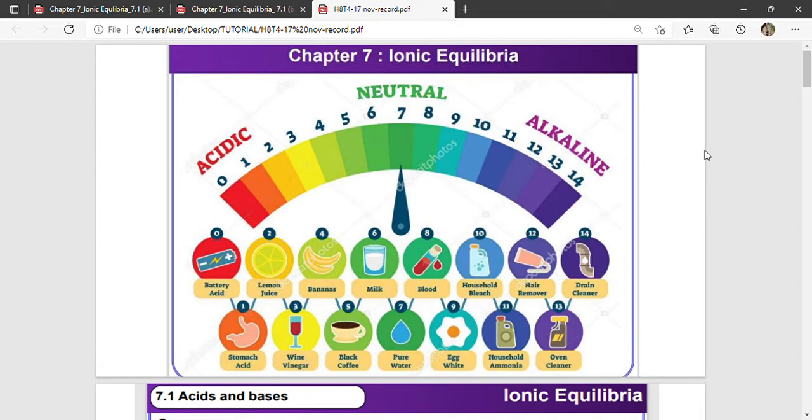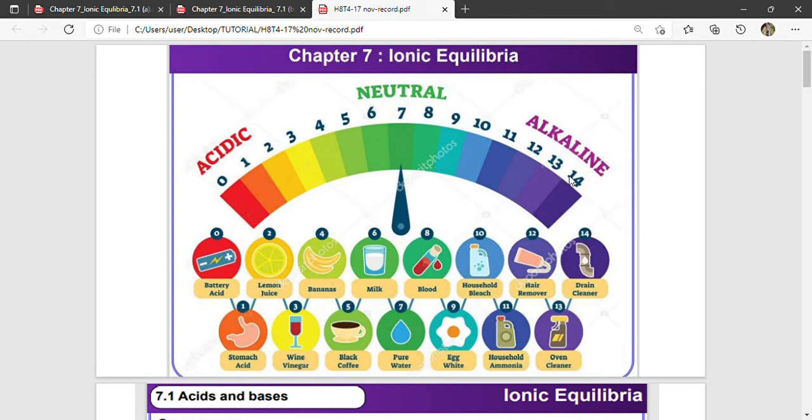Good day, everyone. So now we are entering chapter 7, ionic equilibria, which mainly we will discuss about acidity, basicity, and the reaction involving the acid and base, salt, buffer, and also solubility product.